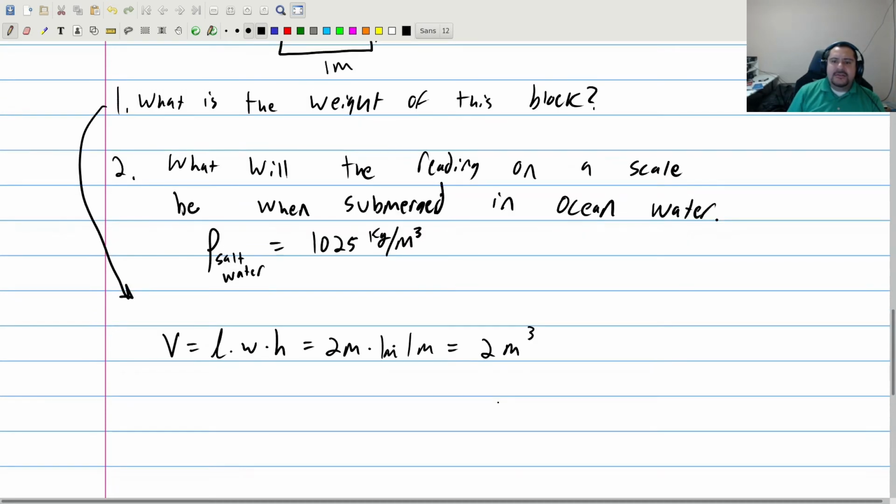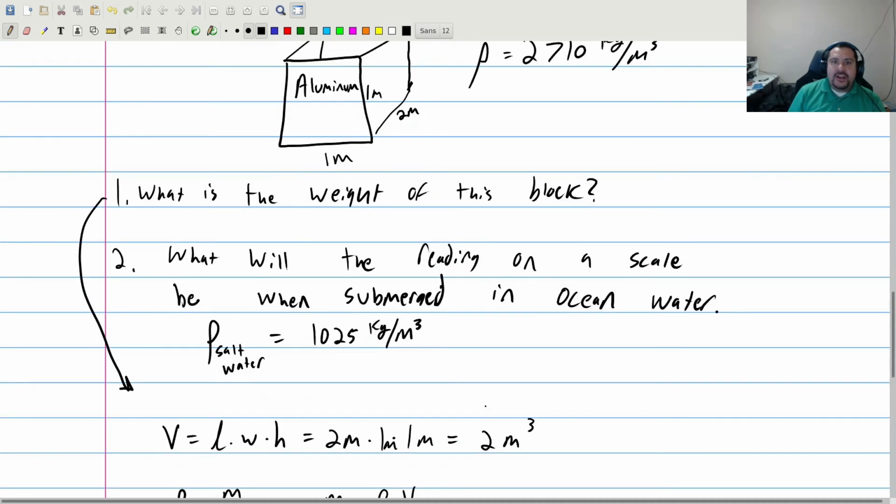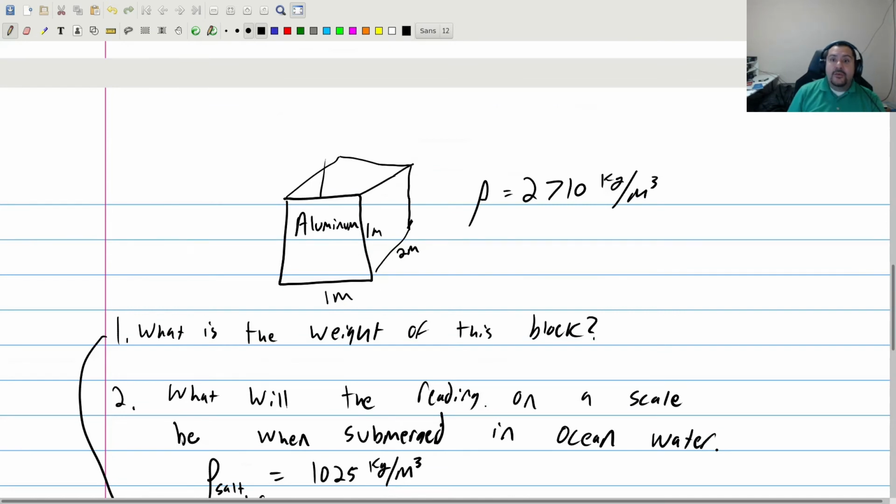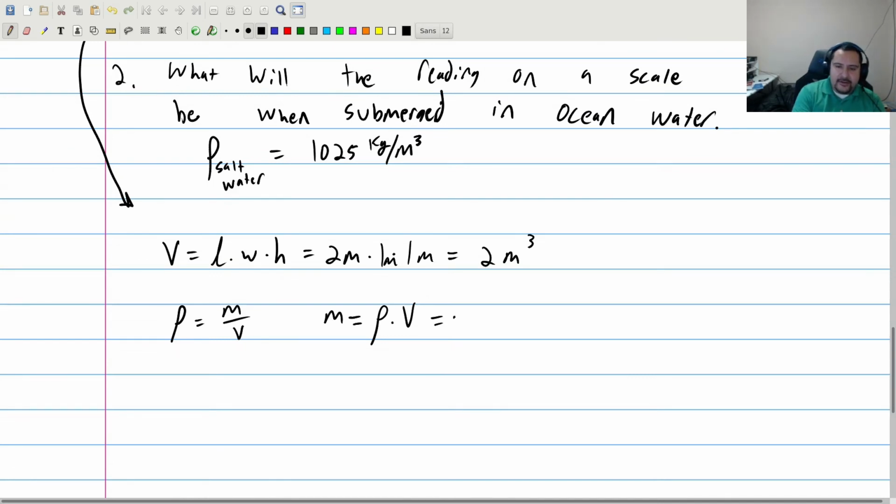The next thing we need to do is plug this into the density formula to find the mass. So density is equal to mass over volume, so mass is equal to density times volume. Since we're trying to find the mass of the aluminum block, we're going to use the density of aluminum, 2,710 kilograms per cubic meter, times our volume that we just found, 2 cubic meters.